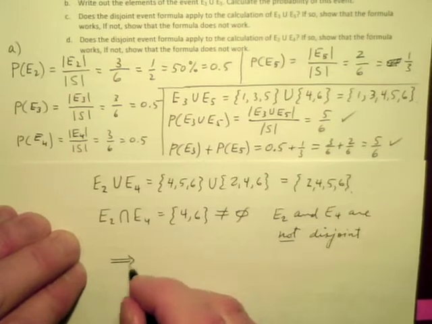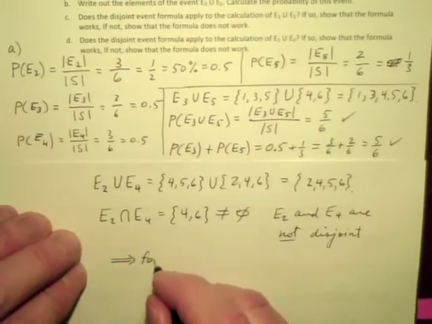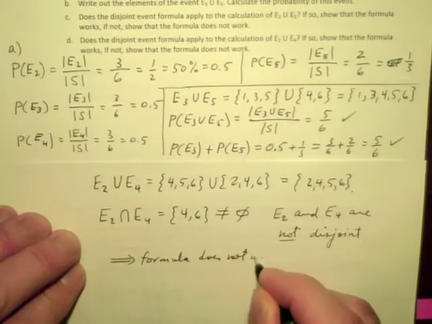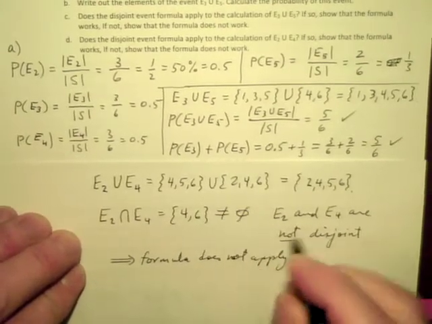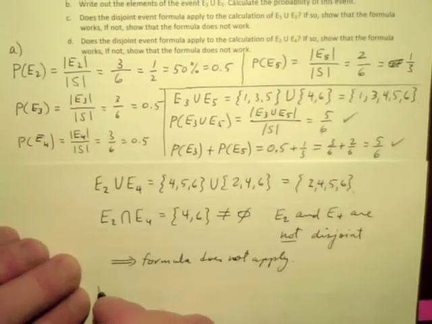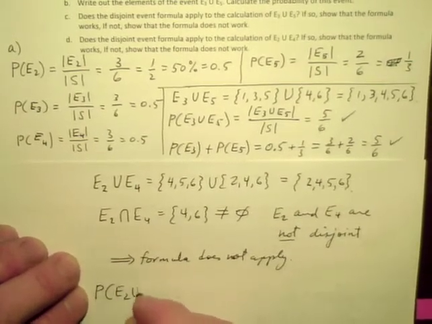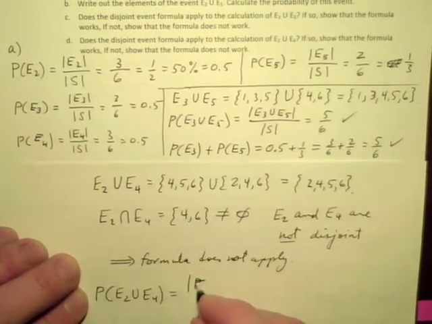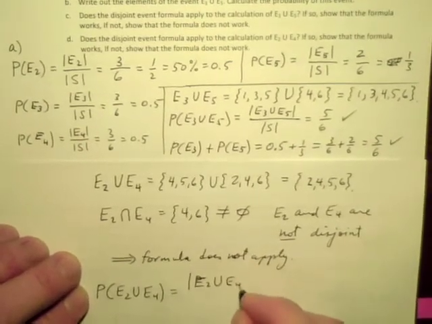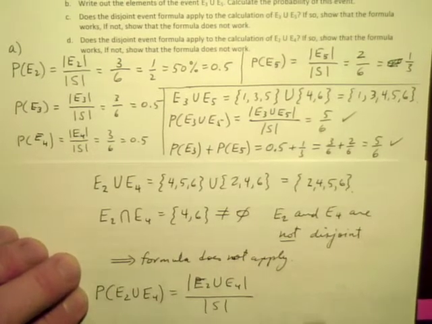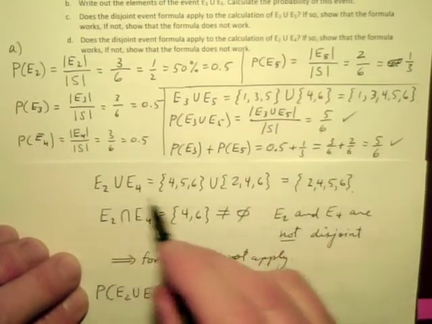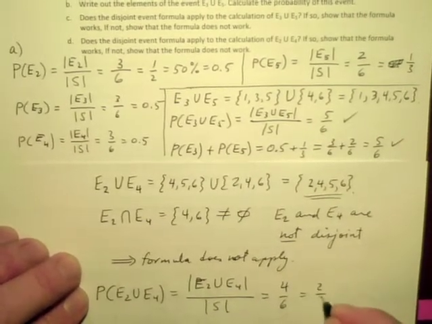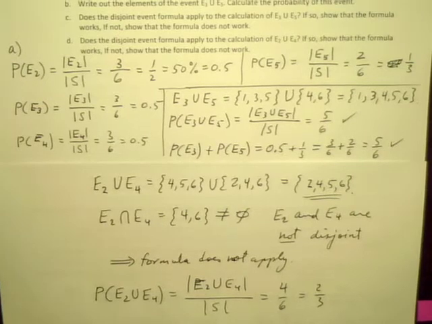So the formula does not apply. And what I can write then is that the probability of E2 union E4 is the size of E2 union E4 divided by the size of the sample space. And this set, E2 union E4, had size 4. So we had a probability of 2/3 there.